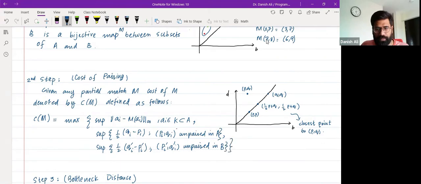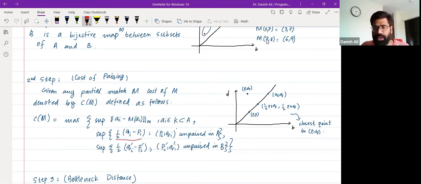So if we take the maximum of these three, here I want to tell you this number half of q_i minus p_i is actually the infinite distance of any point from the closest point on the diagonal.